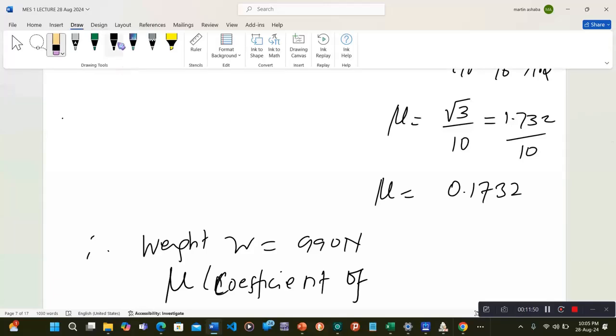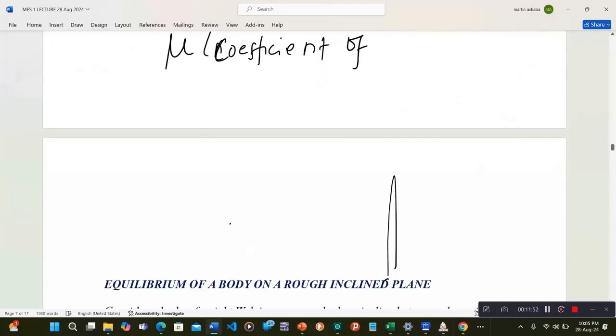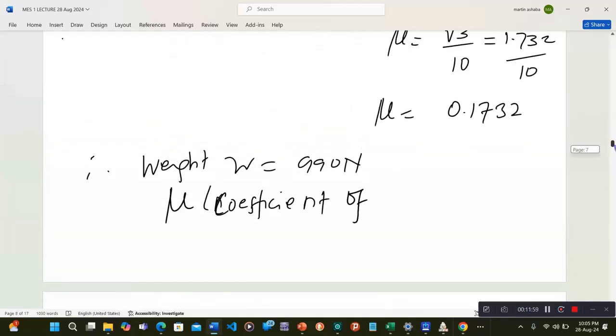coefficient of friction is 0.1732. And remember, the coefficient of friction has no units, and therefore it is 0.1732, no units. But the weight of the body is measured in newtons.